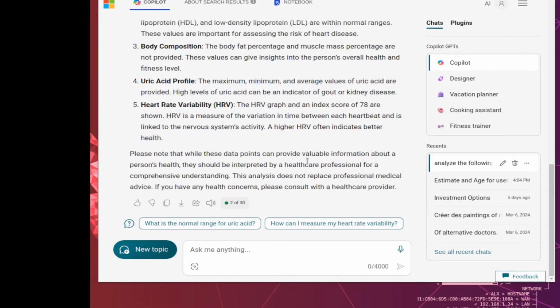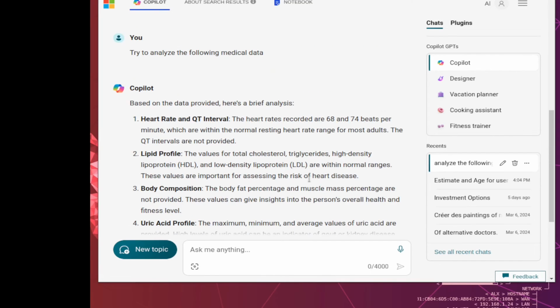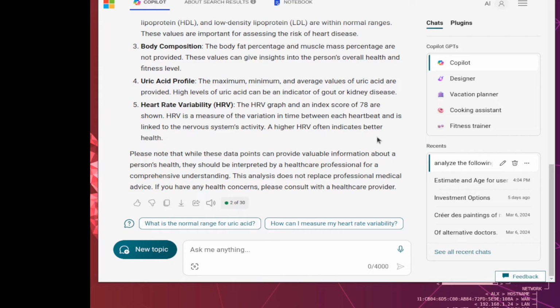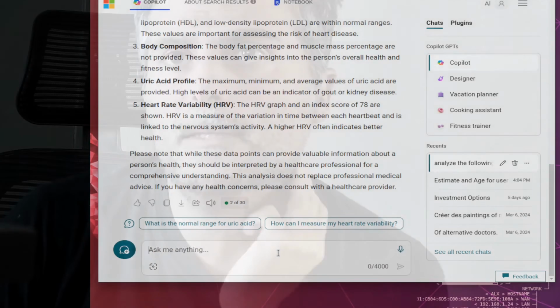And it seems like it's reading the data and giving me some external information about this. Now let's type, based on this data, try to estimate the age range of the patient.